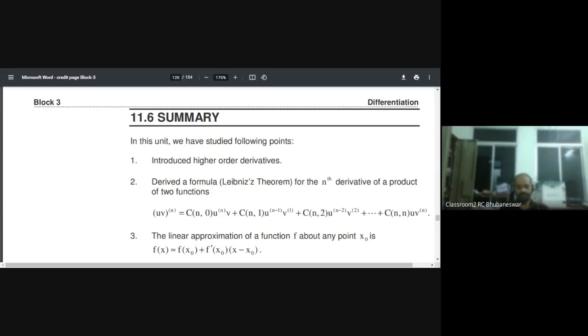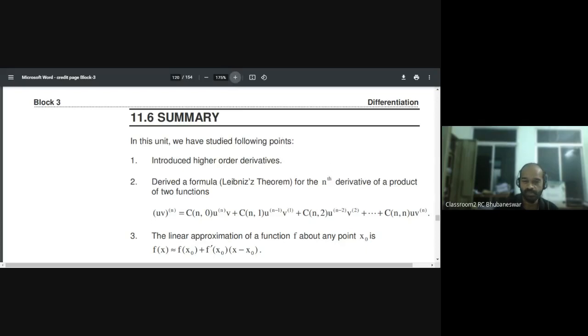So the expression on the right hand side in point number 3 is extended to the second order form. That means the first term is f of x0, the second term is f dash x0 into x minus x0, and the third term is the double derivative of the function at the point x0 divided by 2 factorial into x minus x0.